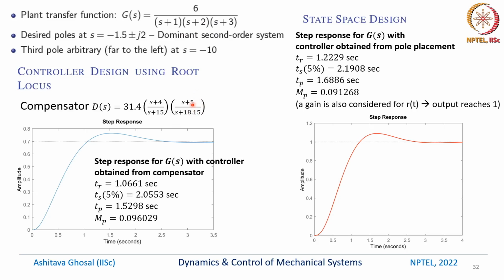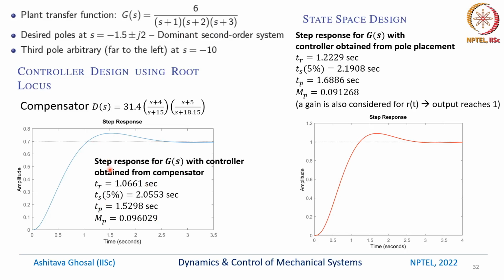So these were designed such that the angle at the desired poles was minus 180 degrees. And again, we can find the step response of this system with this compensator, and the step response looks like this.